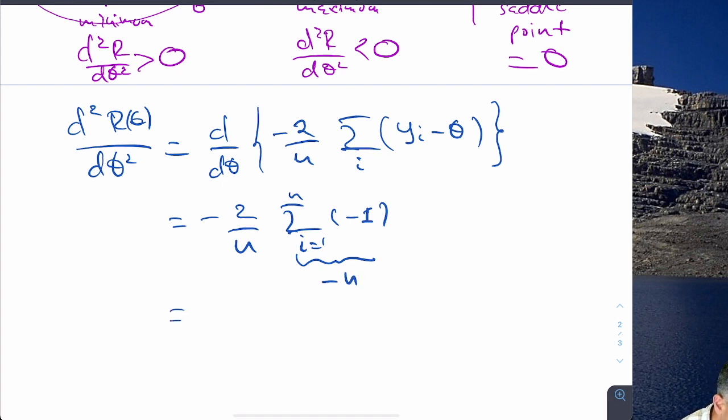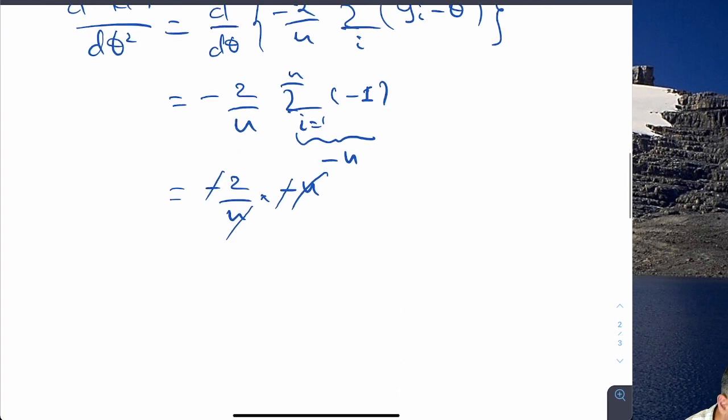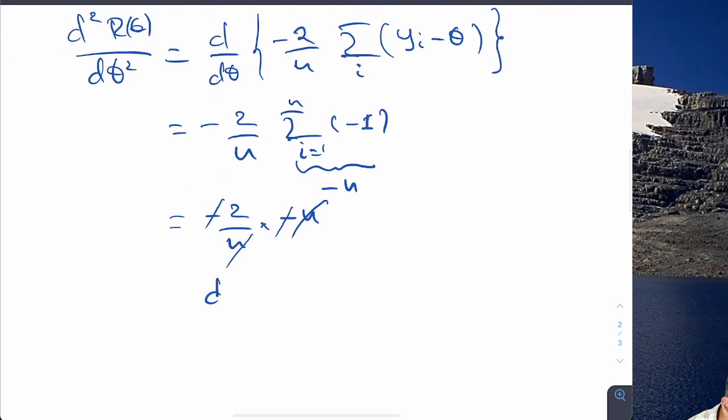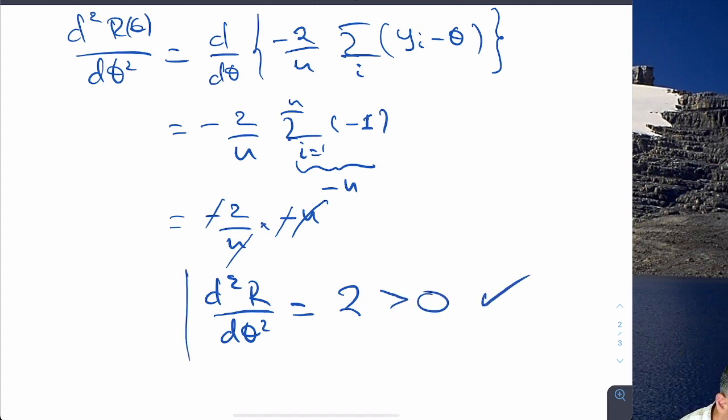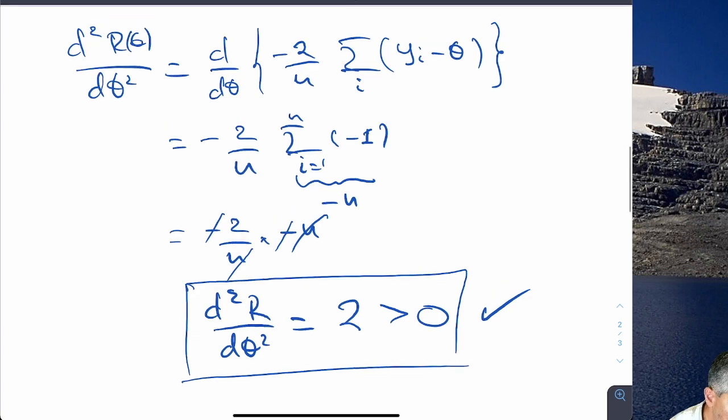And so we have that this second derivative is equal to minus 2 divided by n times minus n. The n's cancel, 2's cancel, and we have found that the second derivative of r with respect to theta is equal to 2, which is just the number 2, most certainly greater than 0.